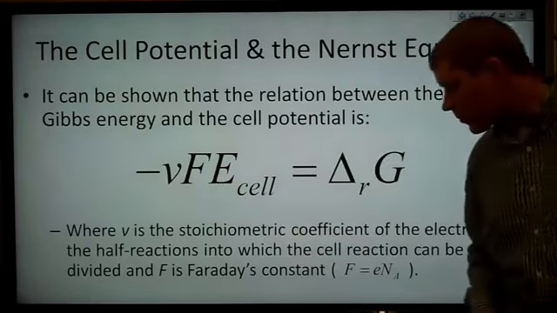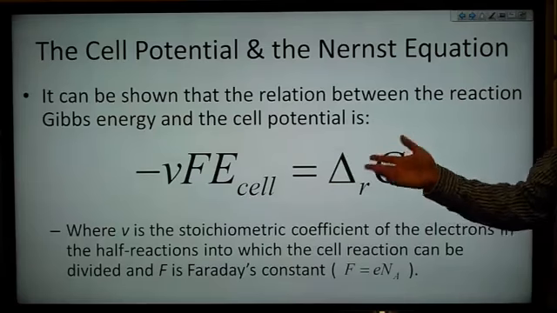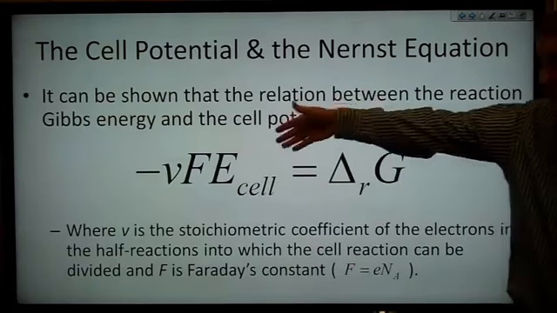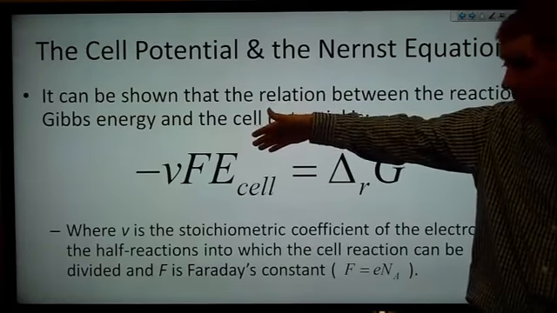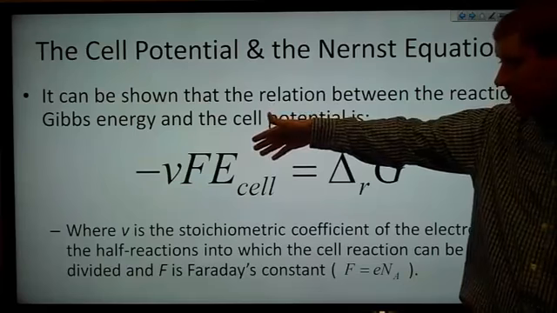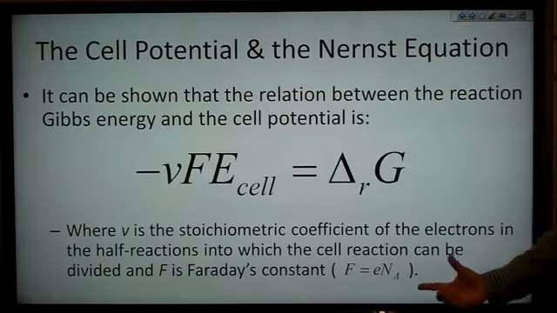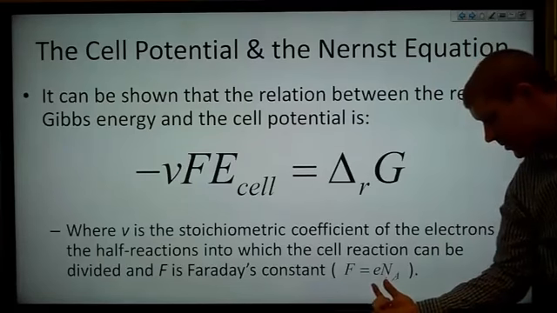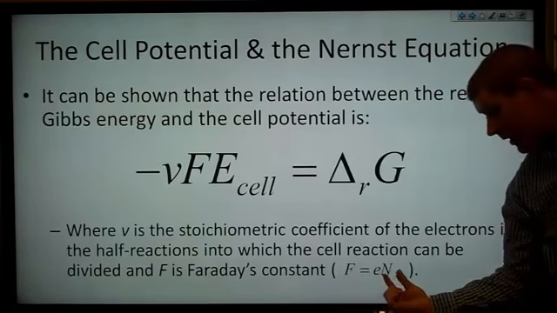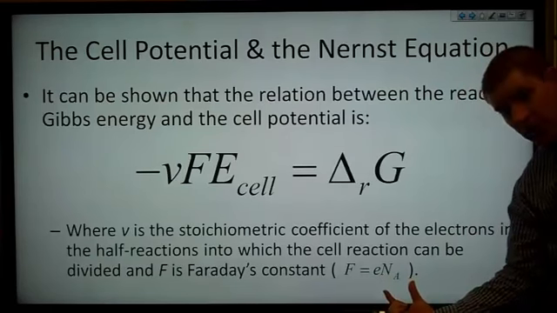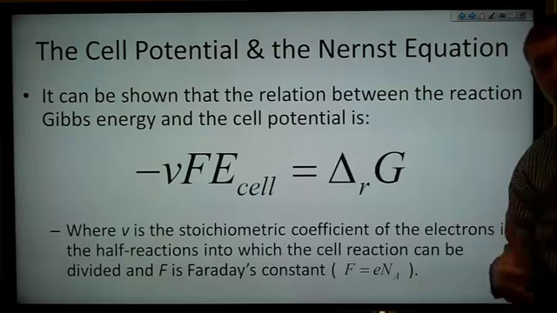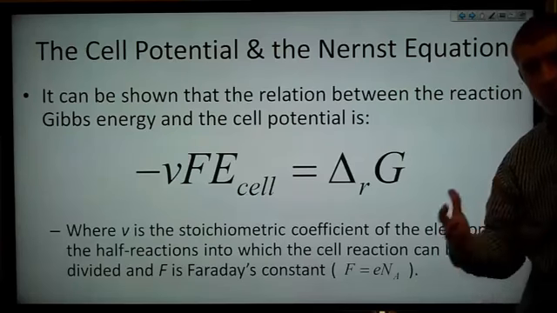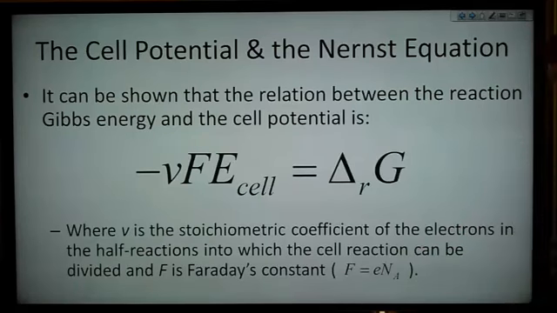And so we've got minus V F E cell. E cell again is the potential difference of our cell, the electrochemical potential difference, and F is Faraday's constant. Note that F, Faraday's constant, is equal to e, the charge on each electron, times Avogadro's number. So this is the charge on 1 mole's worth of electrons. That's called 1 Faraday.